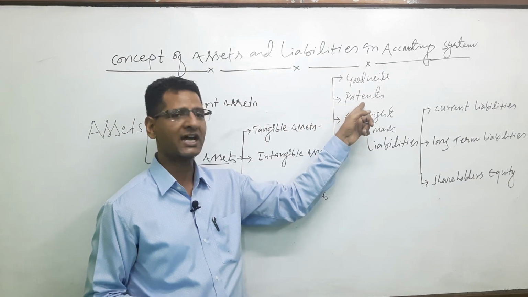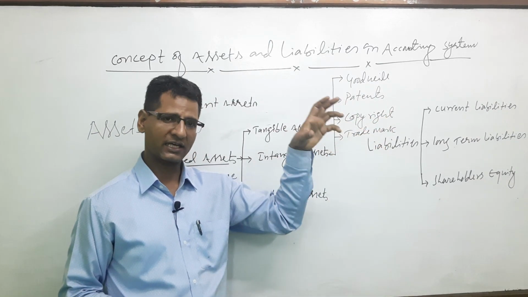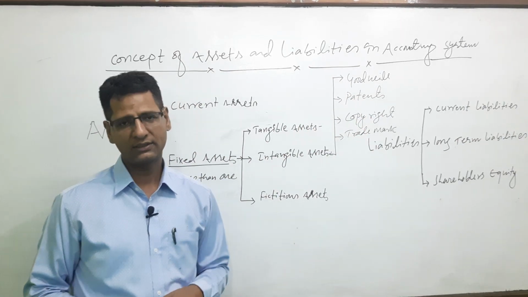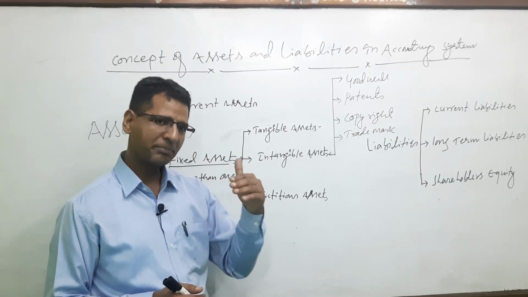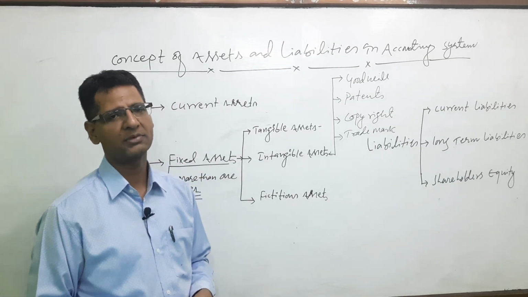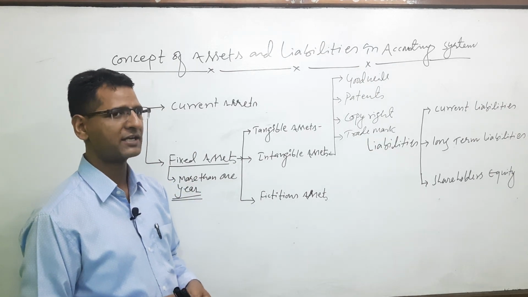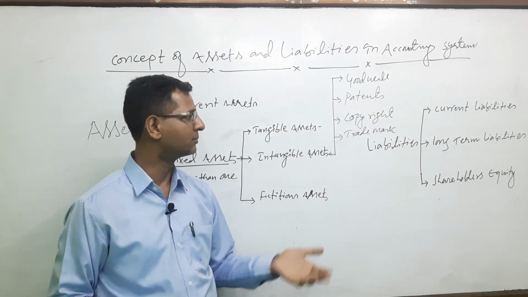Then patent is a right, authority given by the government or given by the owner to different producer, manufacturer. On the basis of this, any business can produce different types of goods and provide services. So on the basis of this, business will earn profit more and more.